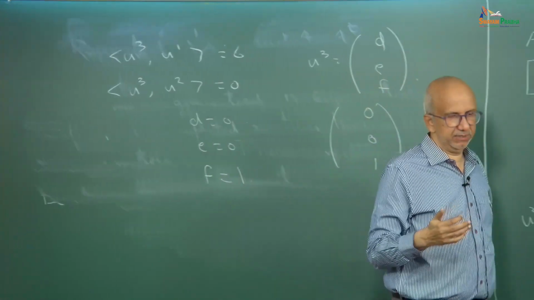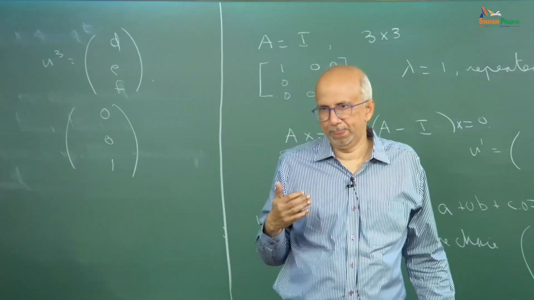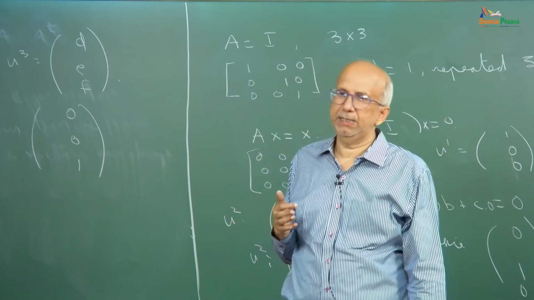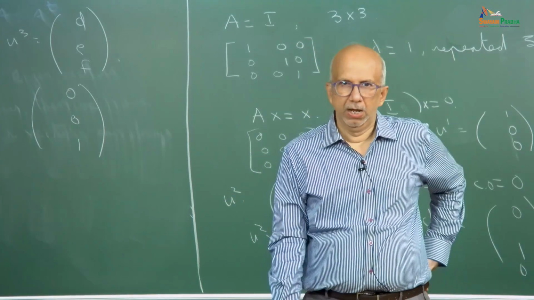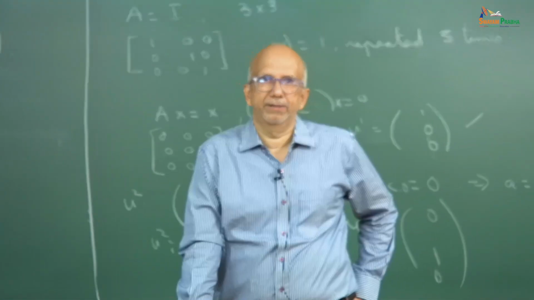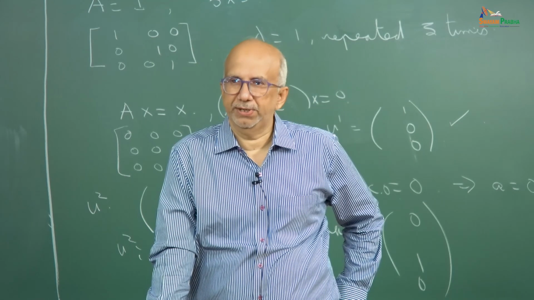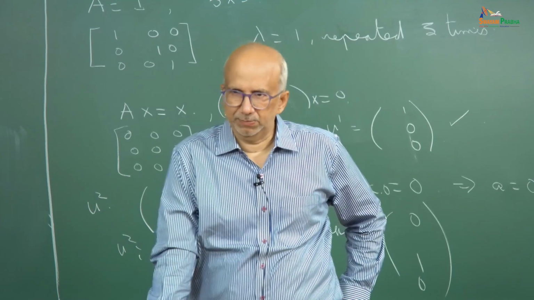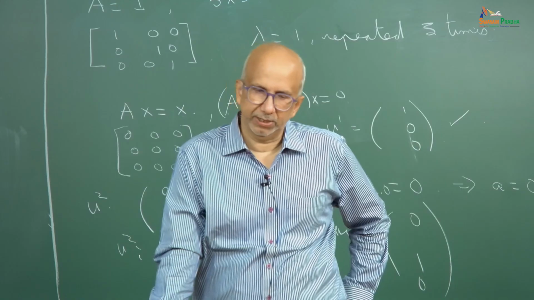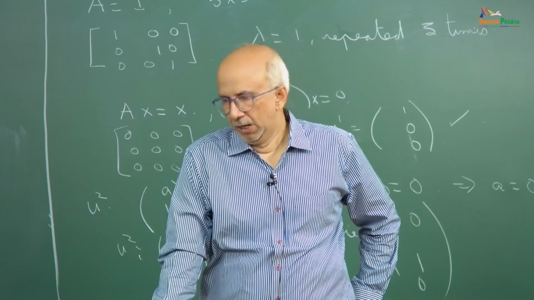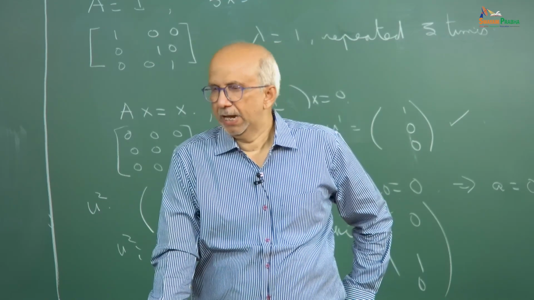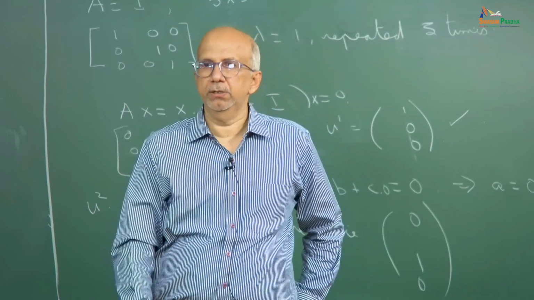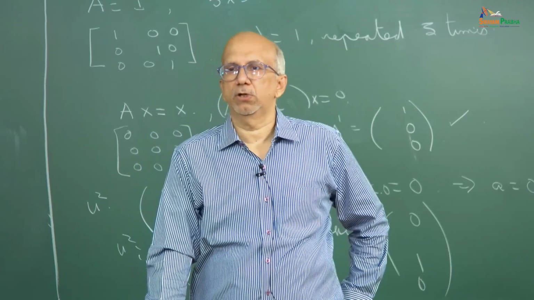So this is the reason when you have repeated eigenvalues, at least for a self-adjoint system, you are guaranteed that the geometric multiplicity is the same as the algebraic multiplicity, which means if an eigenvalue is repeated r times, I have r eigenvectors, and you can choose the eigenvectors to be orthogonal.